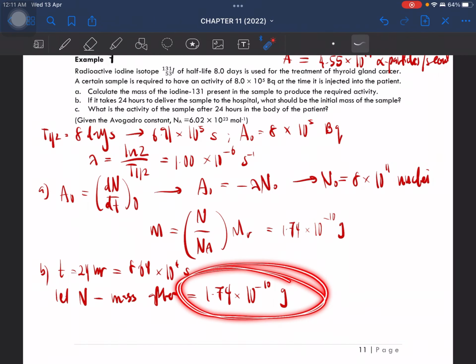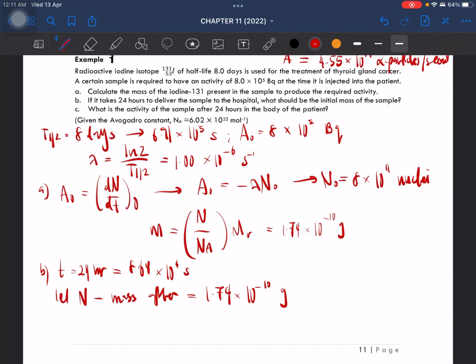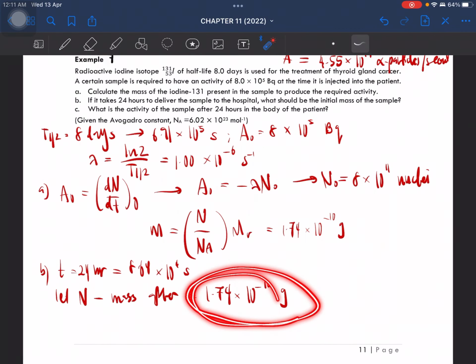This is the mass that it needs to be when it reaches the hospital. So we have to find the initial mass, so that when it arrives at the hospital, it reaches this mass.